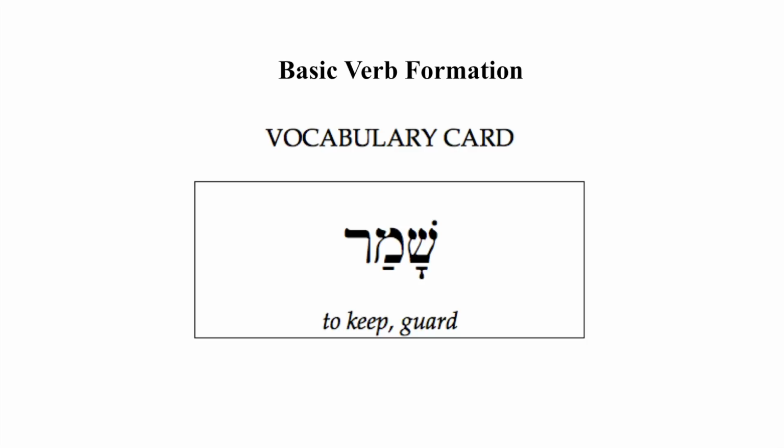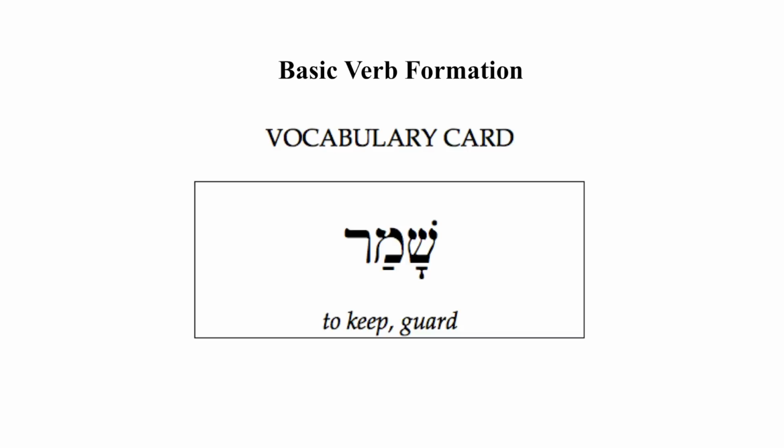So, for example, the verb shamar on your vocabulary card has the Hebrew word on one side. On the back side, it has the definition to keep or guard. That word is a Hebrew root. But you remember that when we talked about Hebrew roots are technically the three consonants that make up the core of meaning: keeping, guarding.